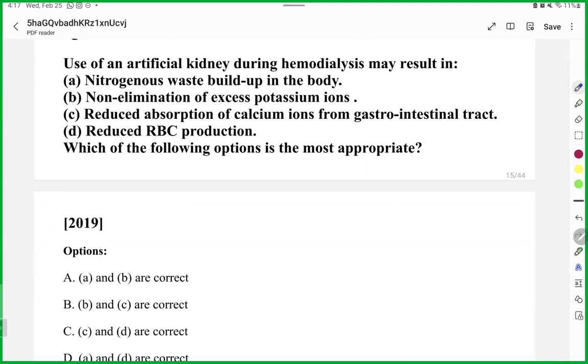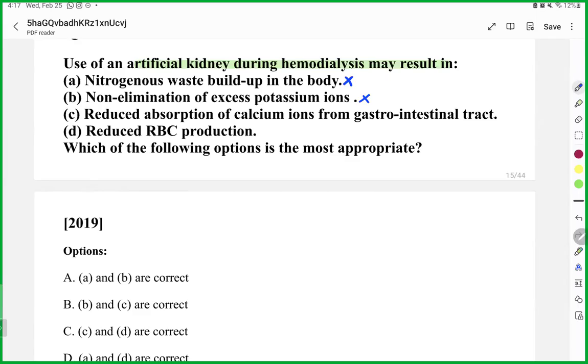Use of the artificial kidney during hemodialysis may result in... The first one is false, because that is why we are using the artificial kidney. The second one is also false, because potassium balance can be there, it can be eliminated.